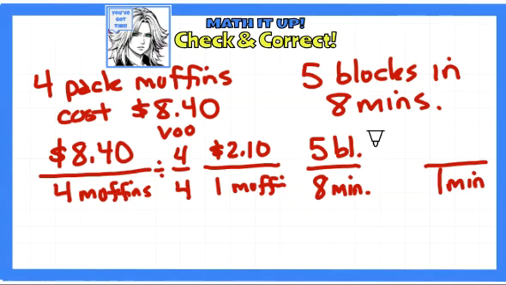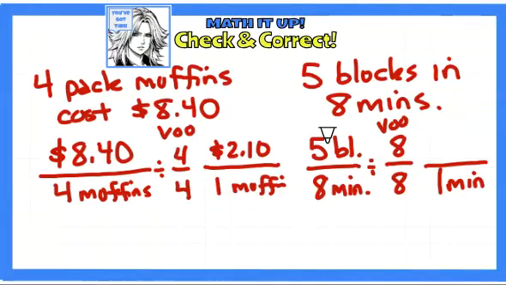So we have to think about what our version of 1 is, and to turn an 8 into a 1 through multiplication or division, we are going to divide that by 8. 8 divided by 8 will give me 1. And of course, to make this a version of 1, I need 8 here as well. Now 8 over 8 is a 1. I can divide anything by a 1 and it retains its value.